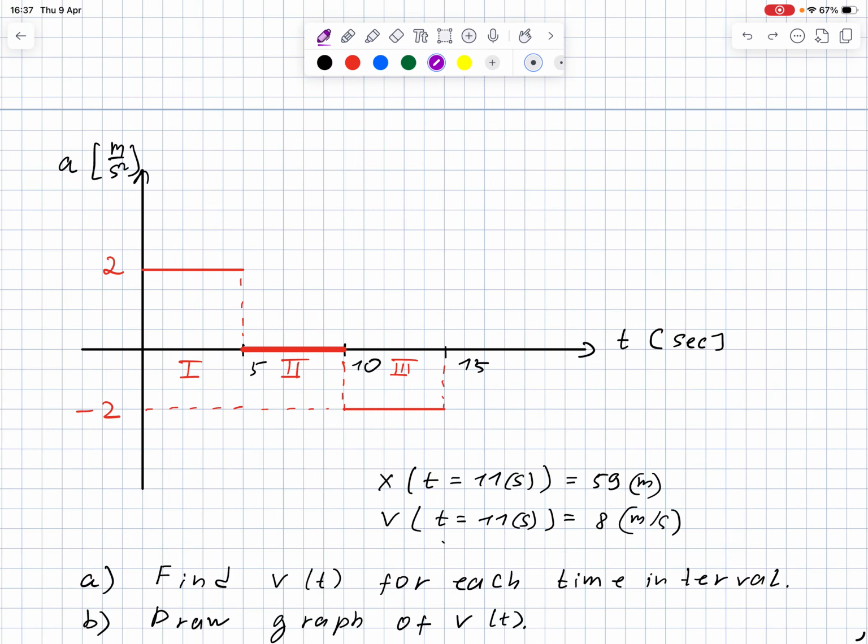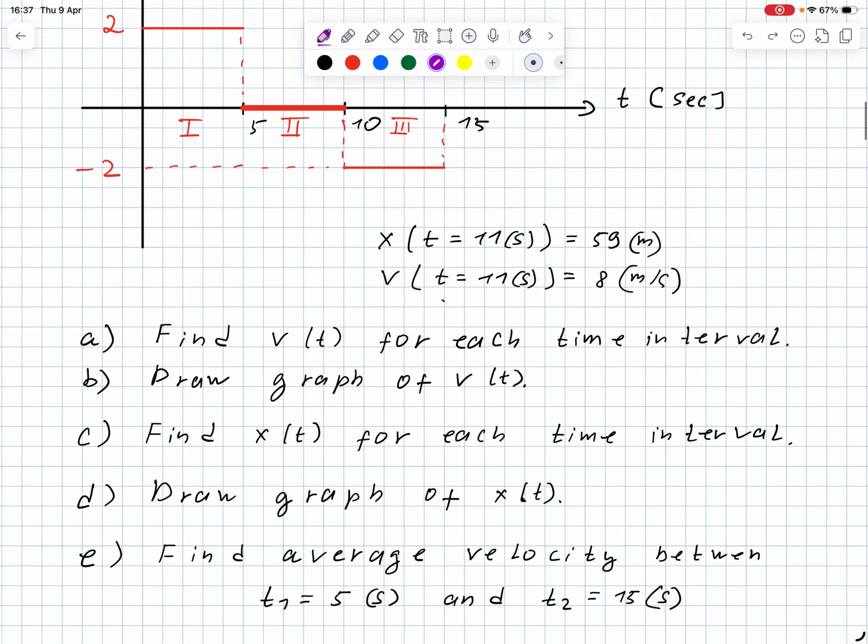Okay, let's go over the parts of this question. Part A, we're going to need to find V of t for each interval. Then we're going to have to draw the graph of V of t.